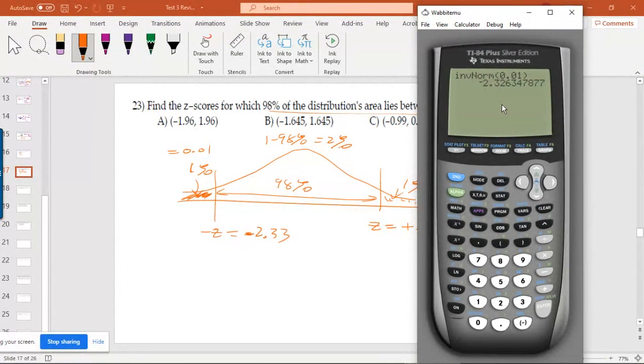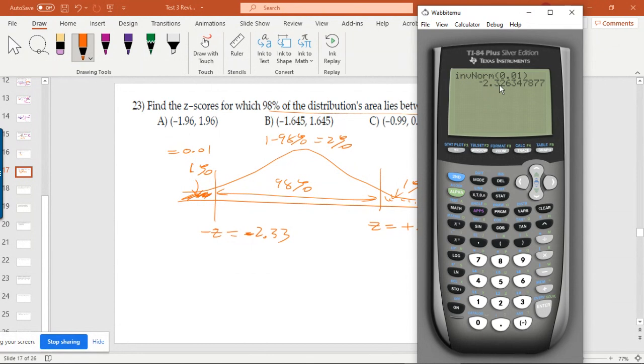What did you just press? Second VARS. This is a quick, easy way to read the table backward. All right, so let me show you one more time. Second VARS, which is the distribution in here. Then go to number 3, inverse norm, and then just type 0.01, and hit enter.